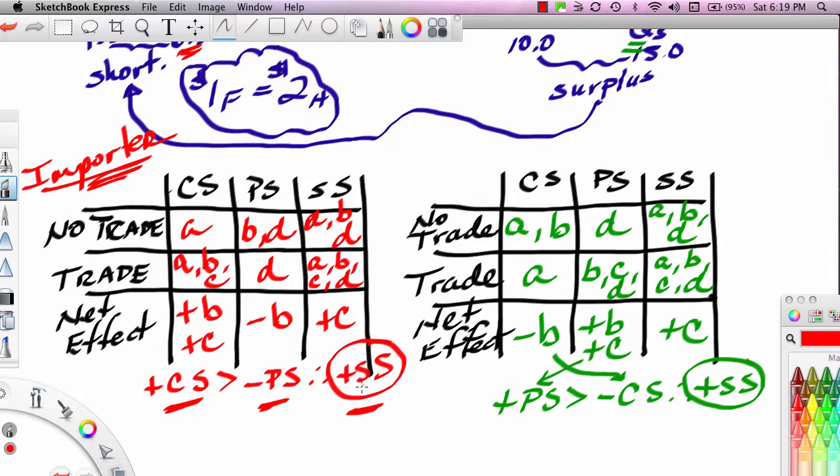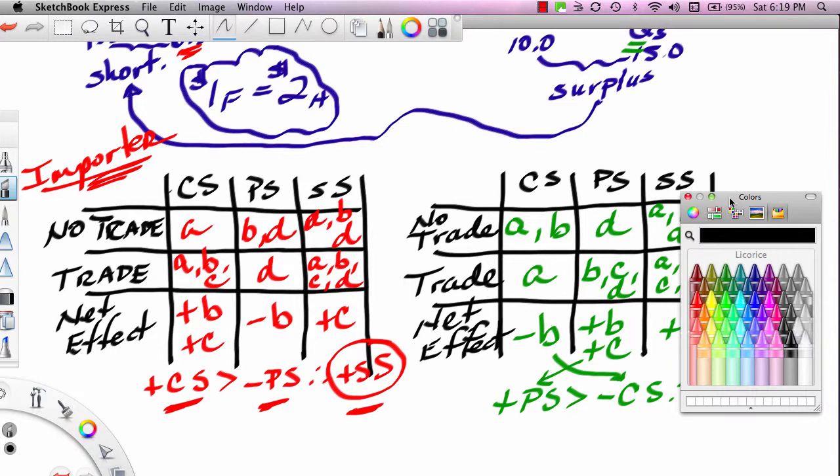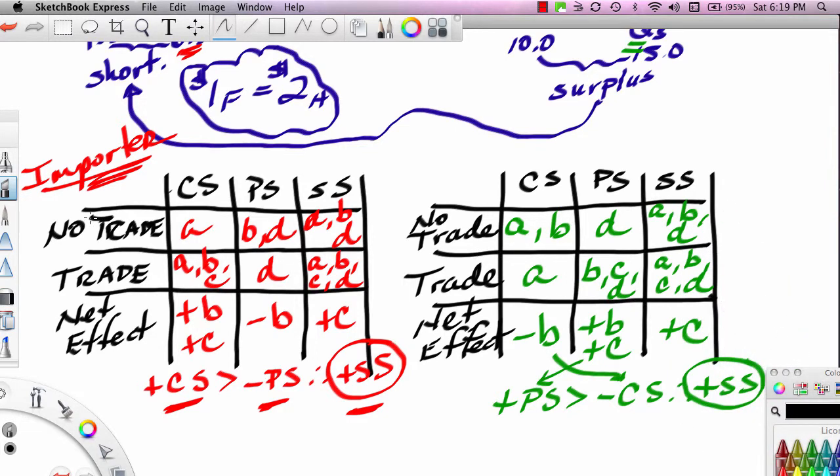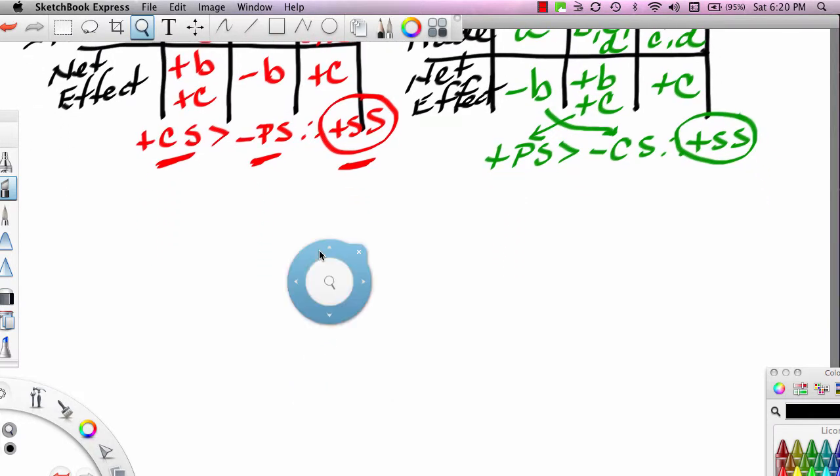Now, this model is incredibly important. It not only shows us how things move from no trade to trade, obviously, and that's been really the focus of this example. But it can also show us what happens when trade is banned. For political reasons, countries will sometimes ban trade.